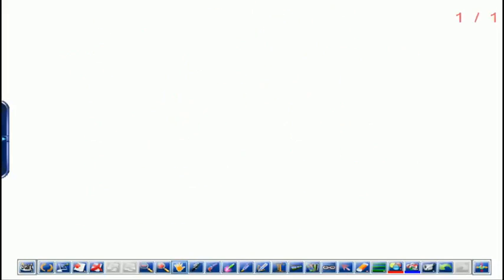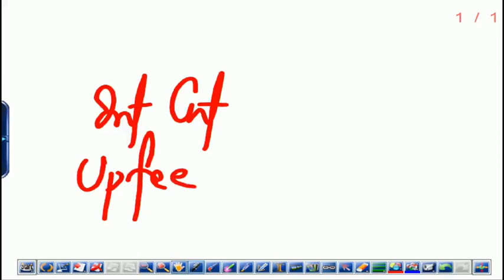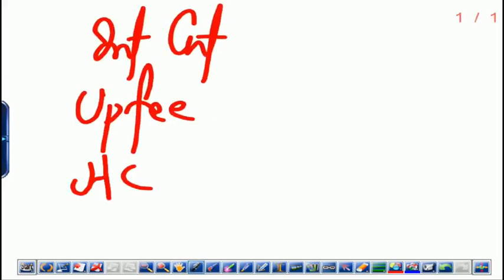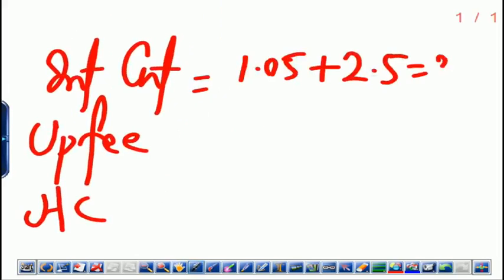So the cost comes to the interest cost plus the upfront fee per annum plus the hedging cost. Interest cost is LIBOR plus 2.5, 1.05 plus 2.5, which is 3.55%.